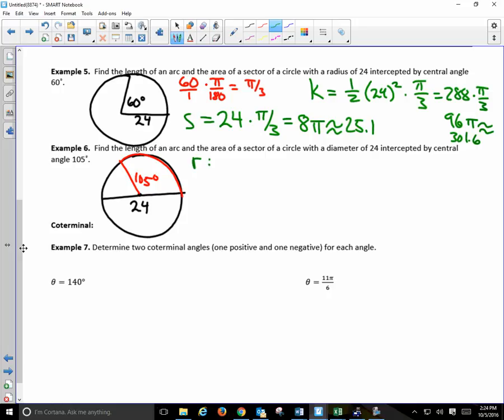First of all, what's the radius? 12. Why isn't it 24? 24 is the diameter, so 12 is the radius. If I want to find theta in radians, I got to take 105 and multiply it by pi over 180.